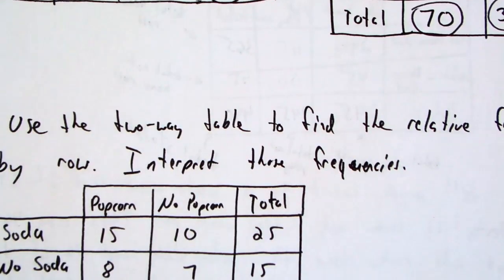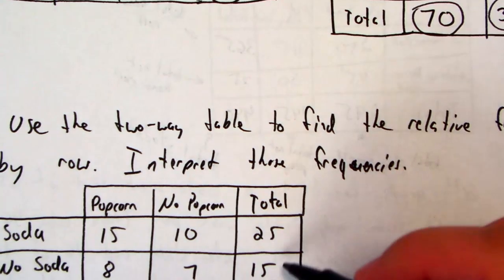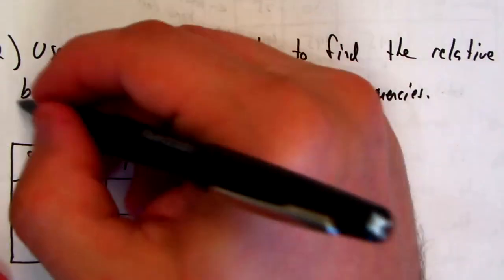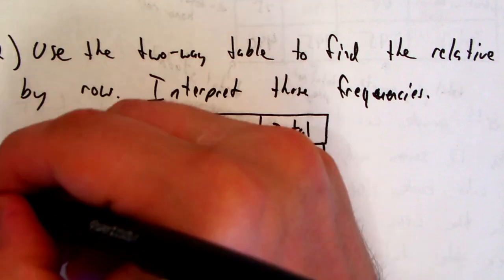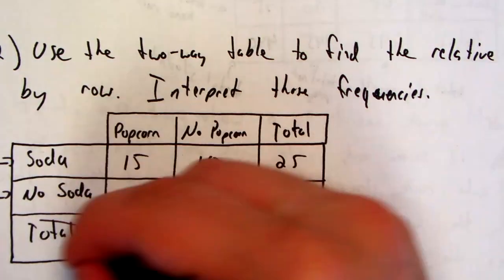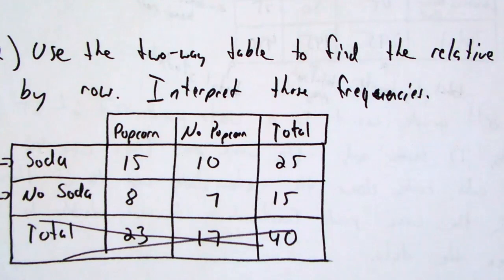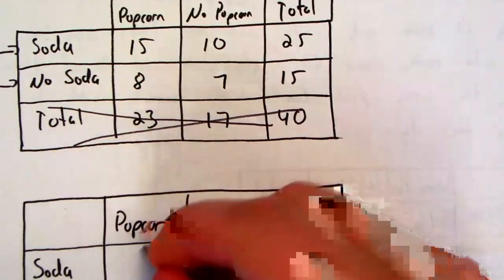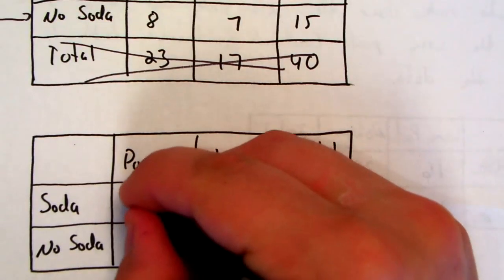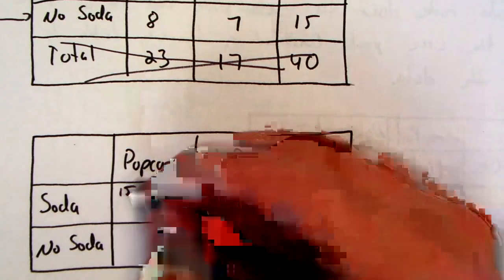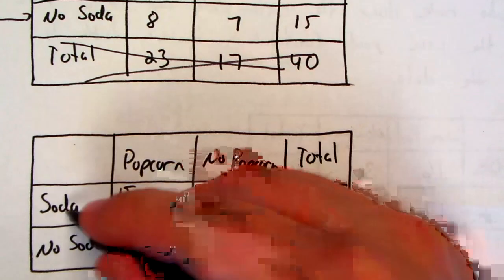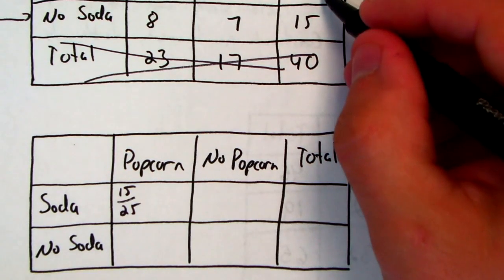So let's go ahead and do this. It says use the two-way table to find the relative frequencies by row and interpret those frequencies. If this is the table here, we want to do it by row, which means I want to go in this direction and not care about those numbers at all. So for soda and popcorn, there's 15 that wanted soda and popcorn out of a 25 that totally wanted soda.